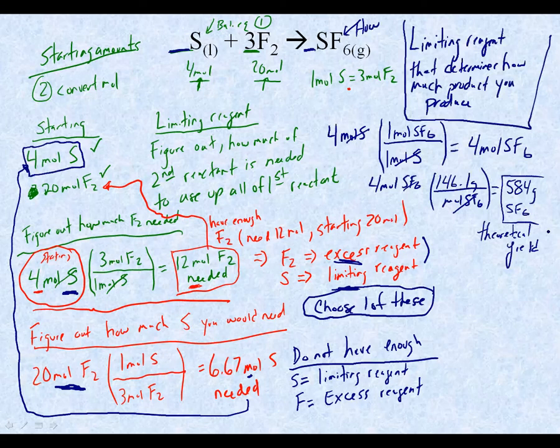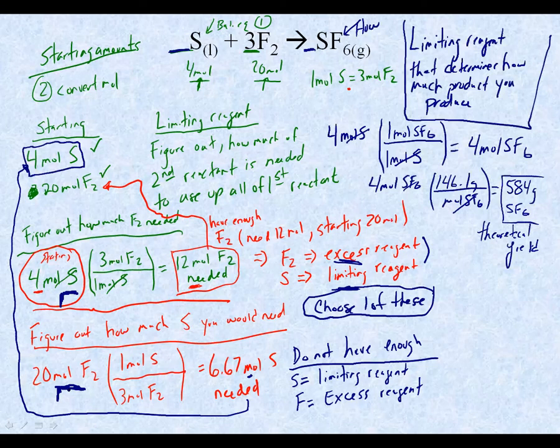Any questions on any of those steps? So this is one way in which you can figure out the limiting reagent. You could do one of these 2 calculations. Again, you don't have to do both of these. You could just do one of these, either one. You can then use that to figure out which one is the limiting reagent.